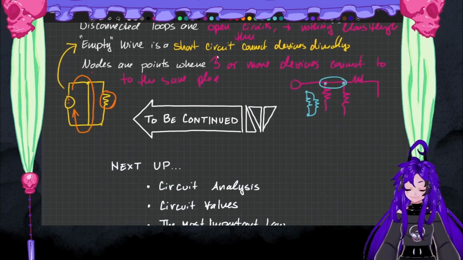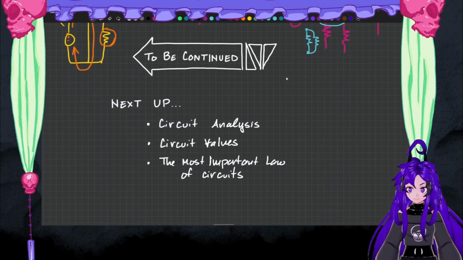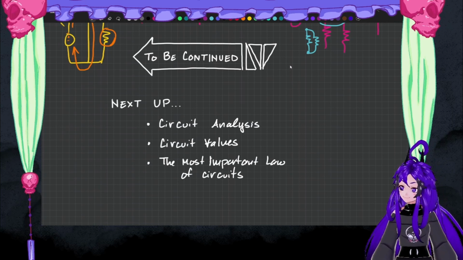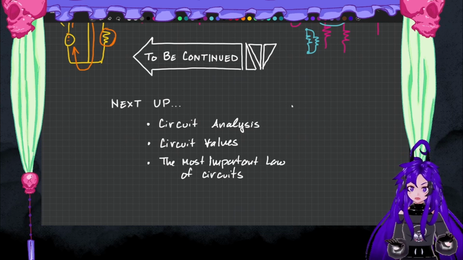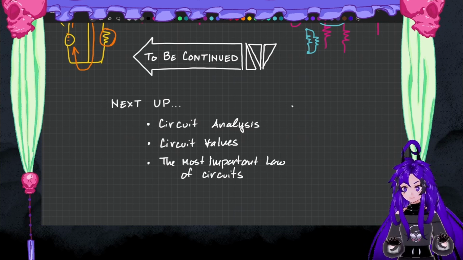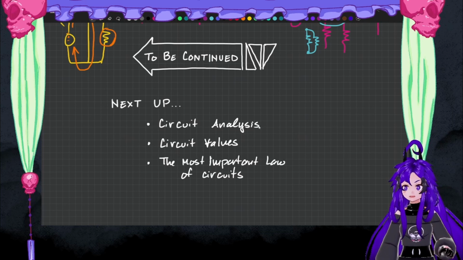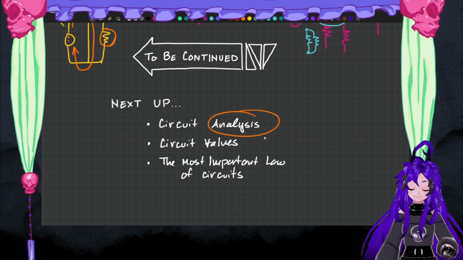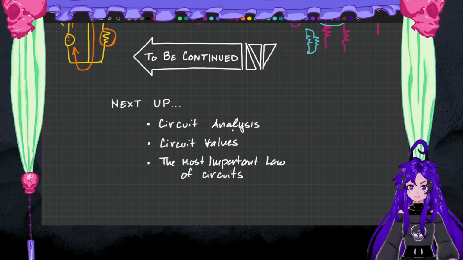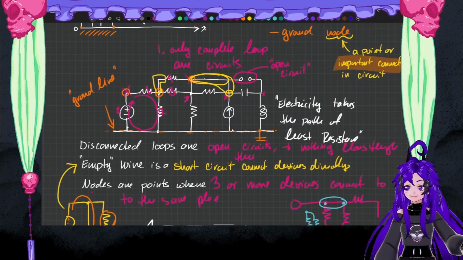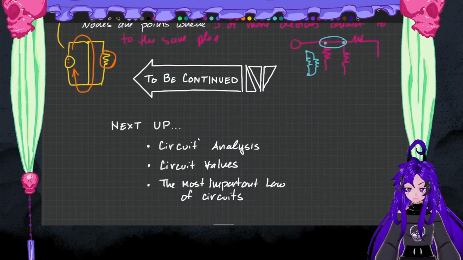I think that is, frankly, plenty and a lot of very, very conceptual stuff, but I believe that this will lay a strong groundwork. So next time we're going to look at circuit analysis, which is kind of what this class is predominantly about. It's how do I get data out of this mess of squiggles?